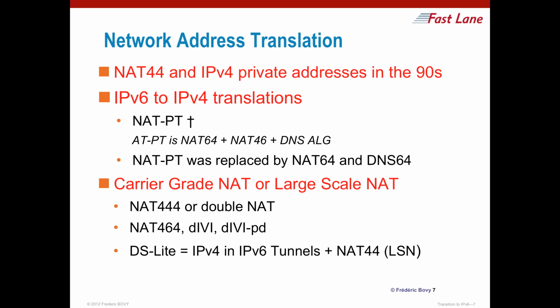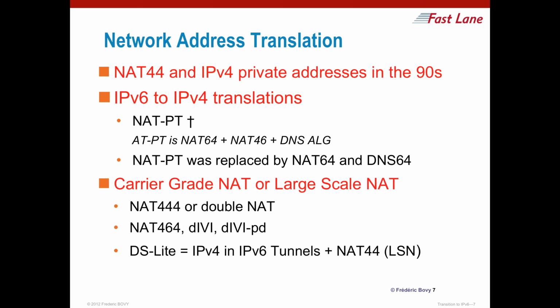NAT 4.4 extended the life of IPv4 for 20 more years, but it also broke many features of the Internet. And one of the goals of IPv6 is to get rid of NAT to get these features back.